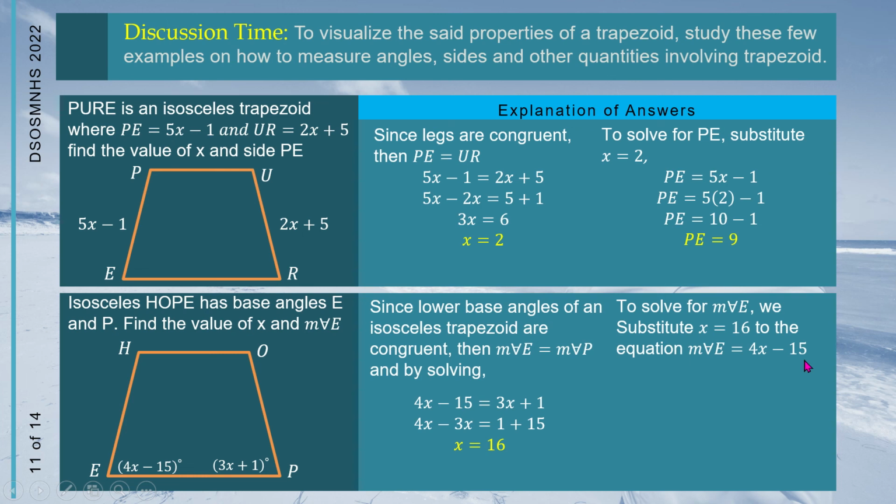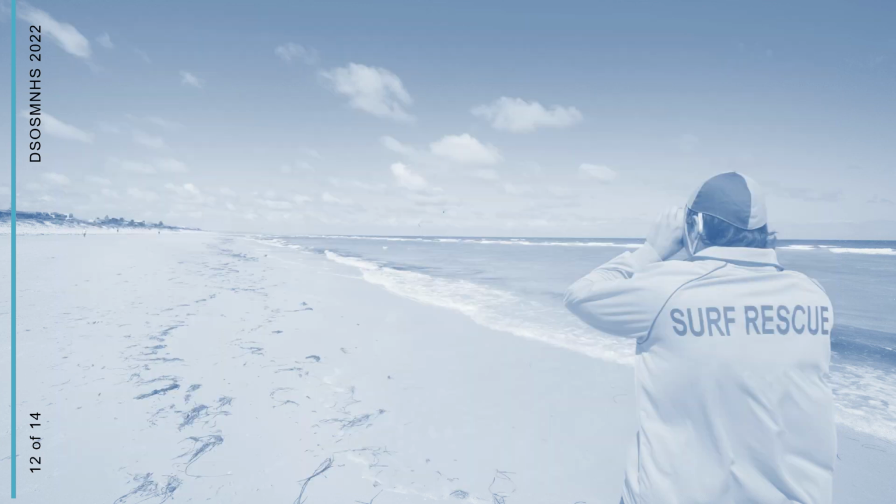Replace x with 16. So measure of angle E is equal to 4 times 16 minus 15. 4 times 16 is 64 minus 15, it is 49. So if measure of angle E is 49, then therefore measure of angle P should also be 49 degrees.